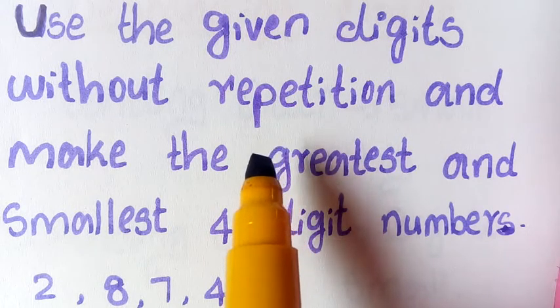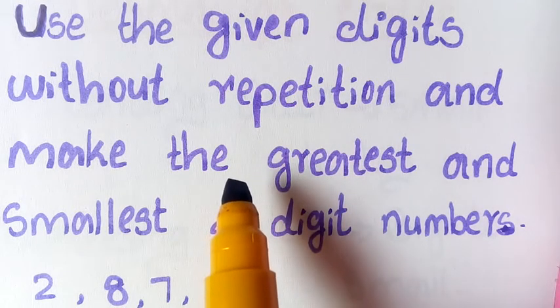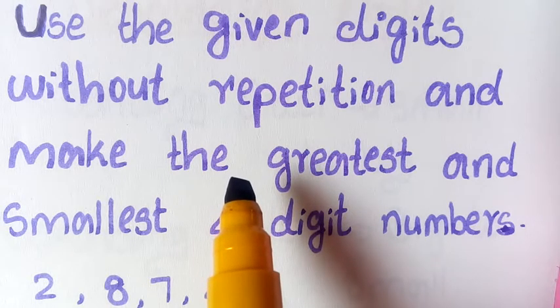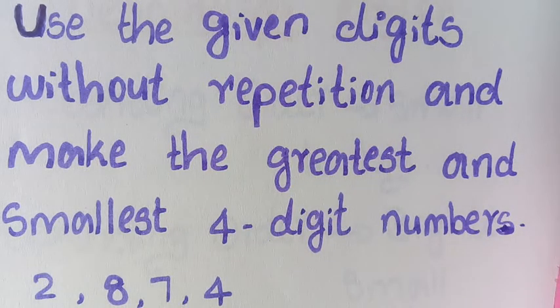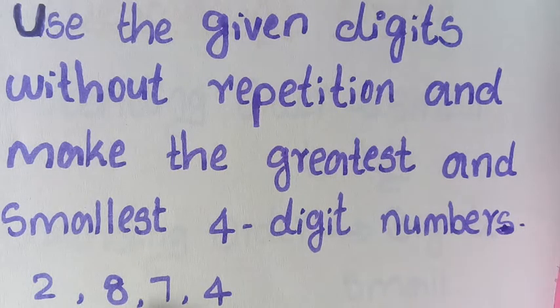That is, we can use a digit only one time and need to make smallest and greatest numbers. Children, can you guess the answers? Observe clearly, we need to use all the digits for making greatest and smallest number.